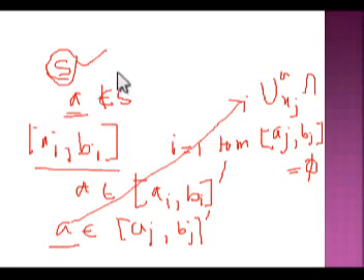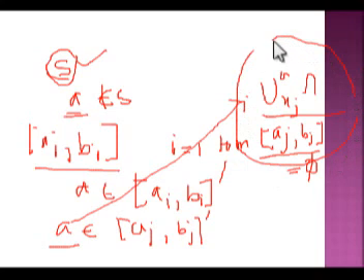Now, this collection, which is disjoint, cannot cover S. This collection cannot cover S because the intersection cannot cover S, because it doesn't have any finite subcover.